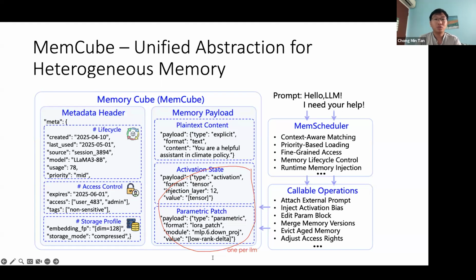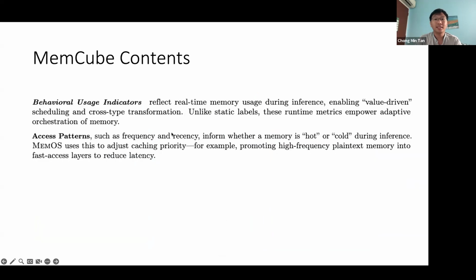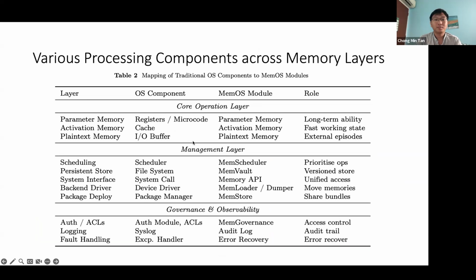But the idea is your control lies in the memory unit itself, in the MemCube itself. Your control does not lie in the LM, neither does it lie in your database. It's a paradigm shift. Yeah. I haven't really seen an implementation of this yet, but the very idea of this is quite exciting, right?